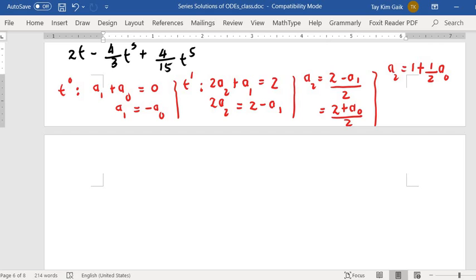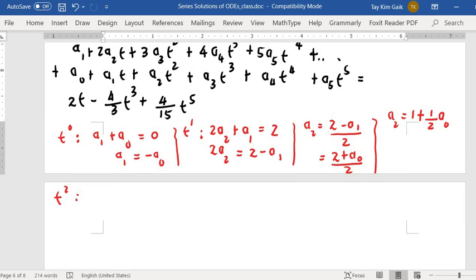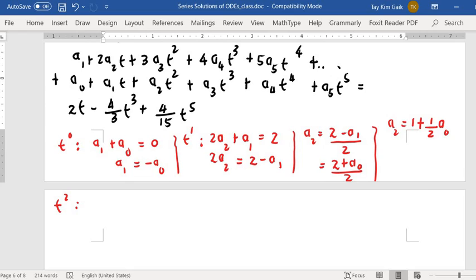And then you may compare scale of, actually I got A1, A2 already here. Okay, compare t squared term, 3A3 plus A2. Right hand side we don't have t squared, so equal to 0. So that means A3 is actually negative 1/3 A2.